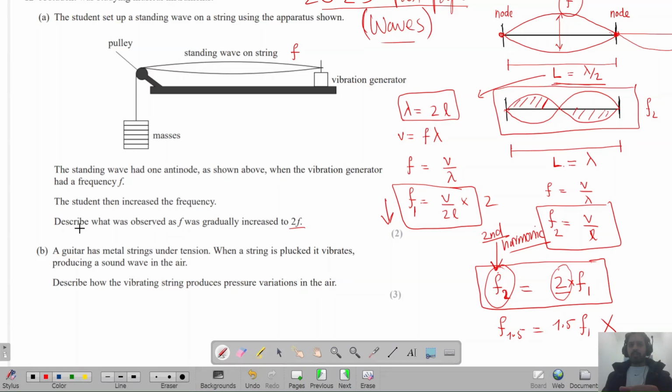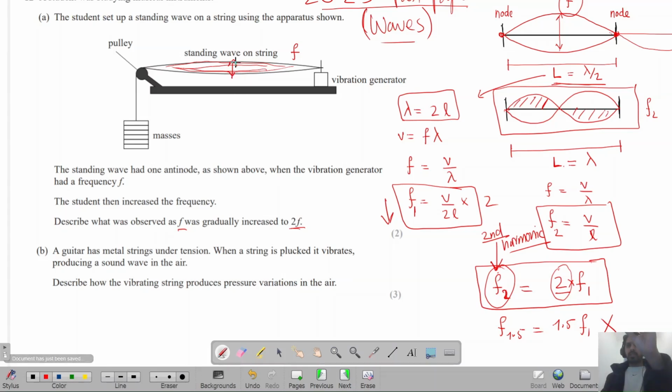So this question described what was observed as f was gradually increased to 2f. The answer is that between f and 2f, there is no in-between frequency. There is nothing. What you will see is that this amplitude will get smaller and smaller like this if you keep on increasing the frequency, but the shape of the standing wave will not change.